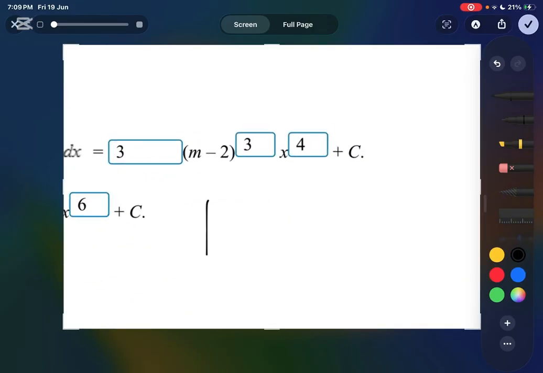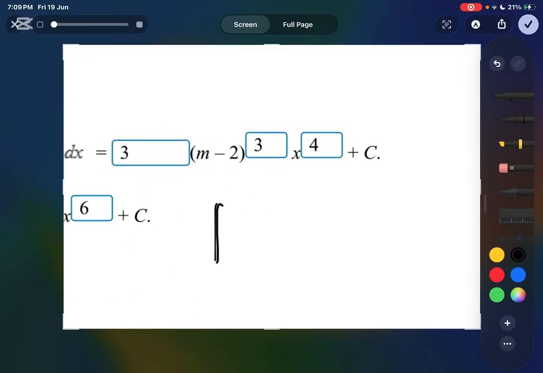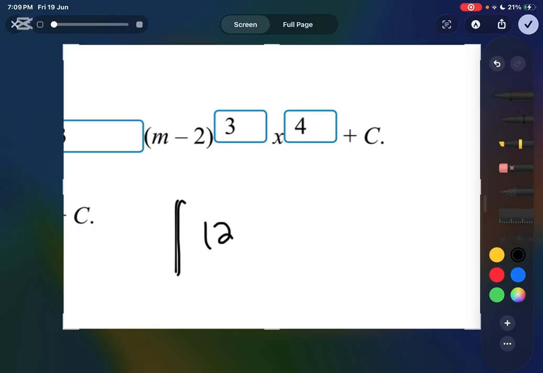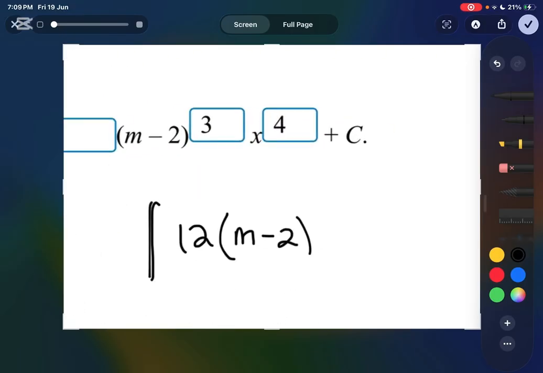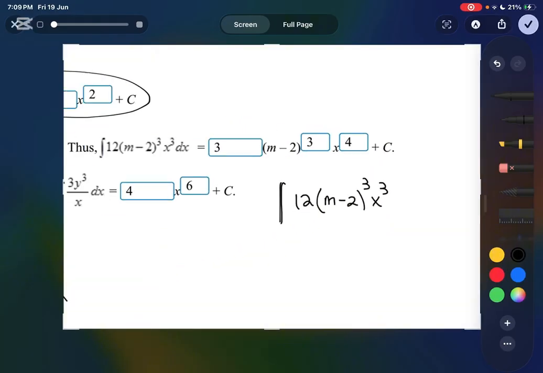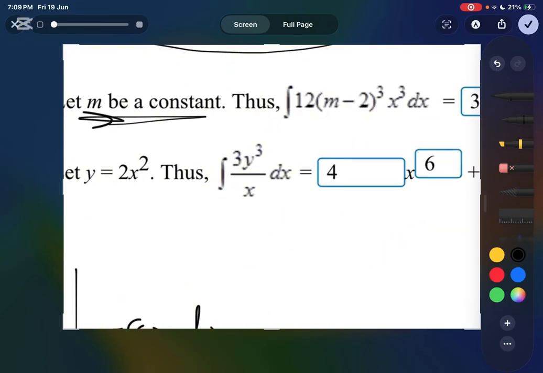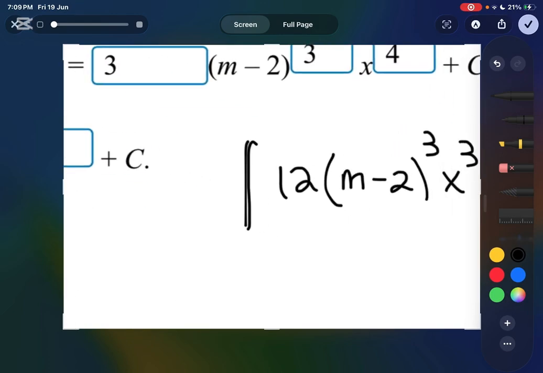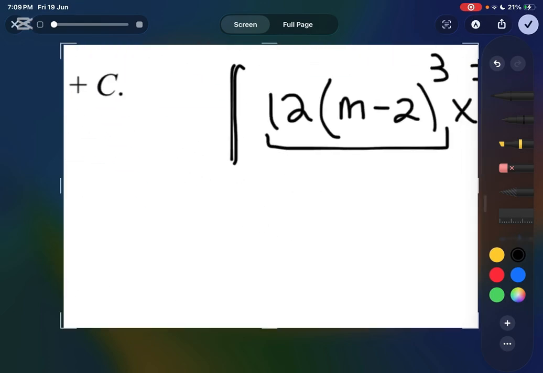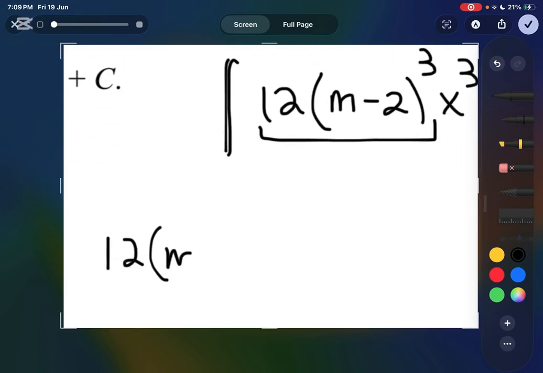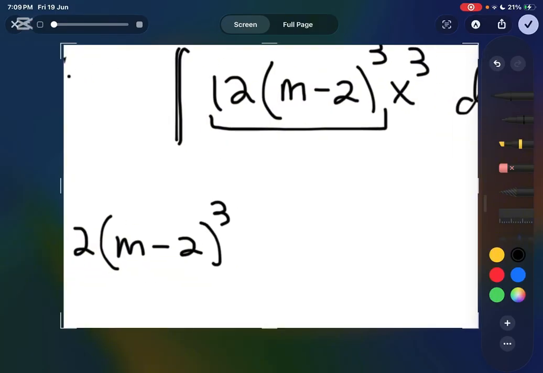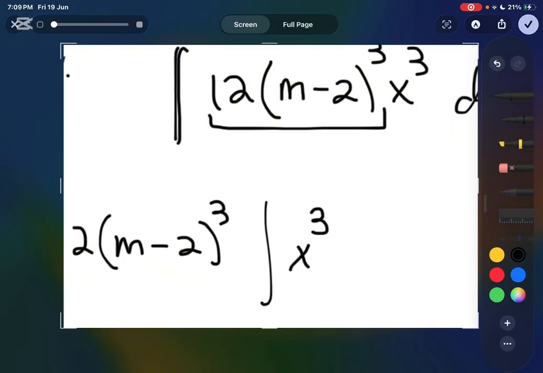They gave us the integral of (12m minus 2) all cubed x cubed dx. They said let m be a constant, so you can take it out. So basically all of this is a constant. So (12m minus 2) all cubed times the integral of x cubed dx.